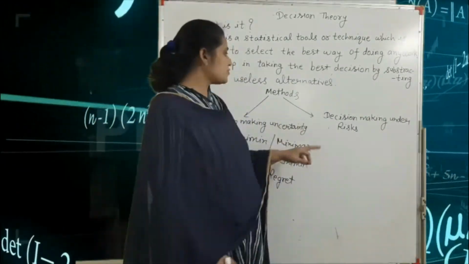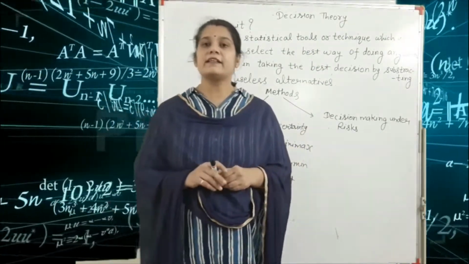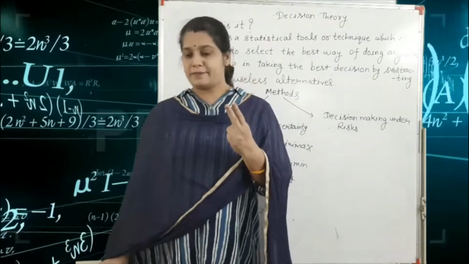Next is decision making under risk. In decision making under risk, we have two types of method.